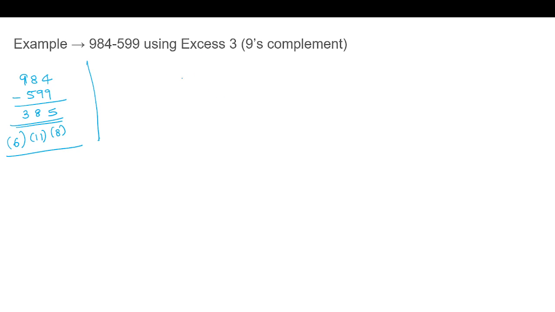So first let me take this 599.5 will be 9, and then next we have to add 3 to make it XS3. So we have to add 0, 0, 1.